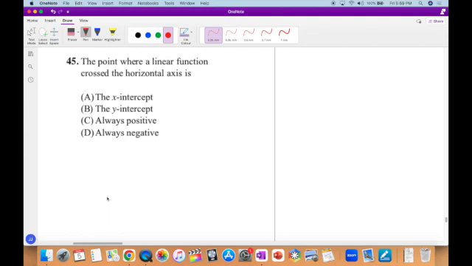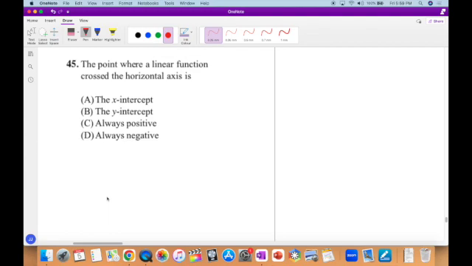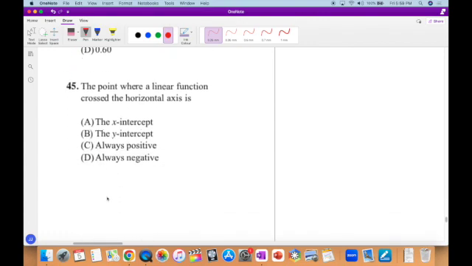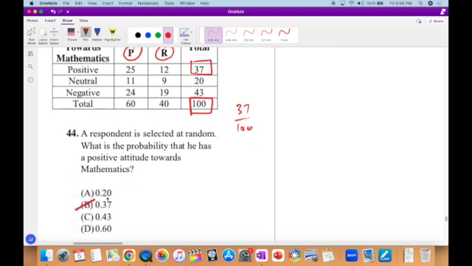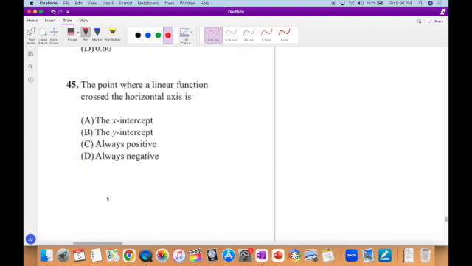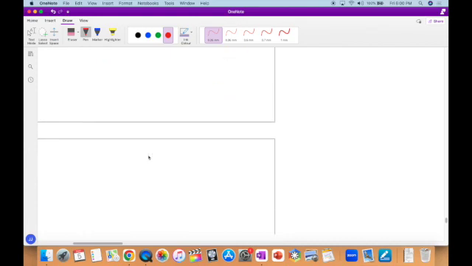The point where a linear function crosses the horizontal axis is. This point is the x-intercept. Yes.